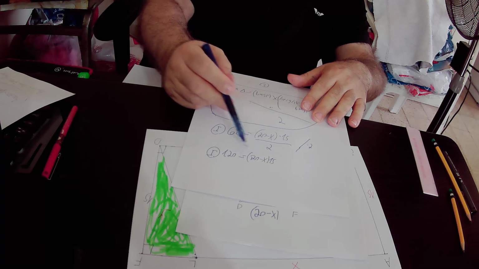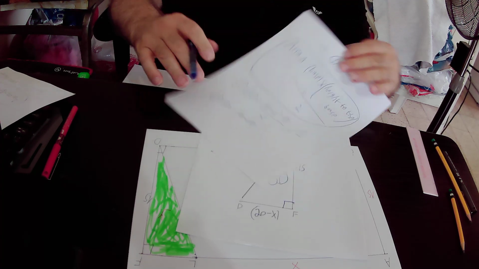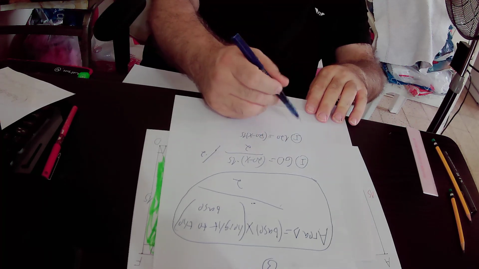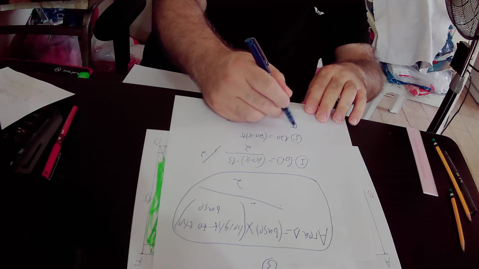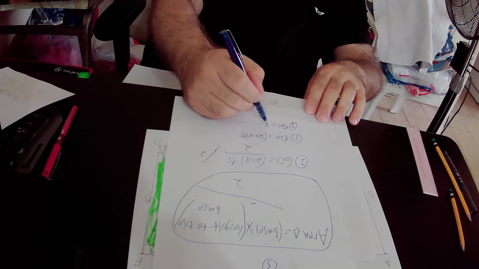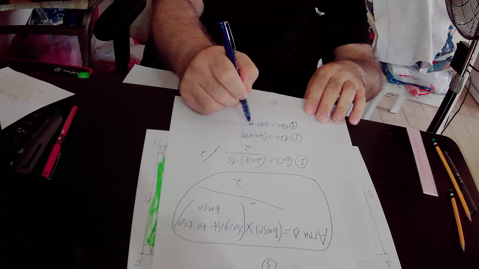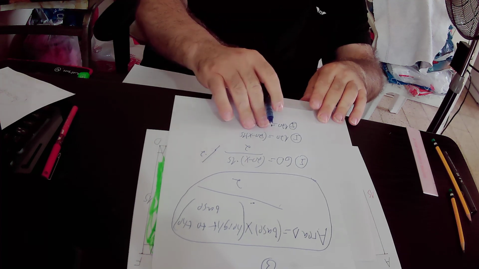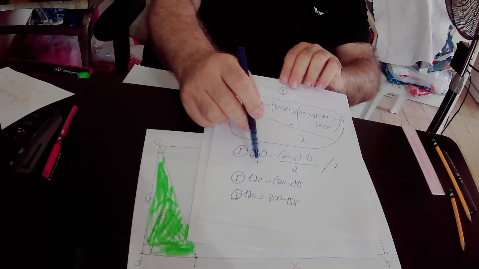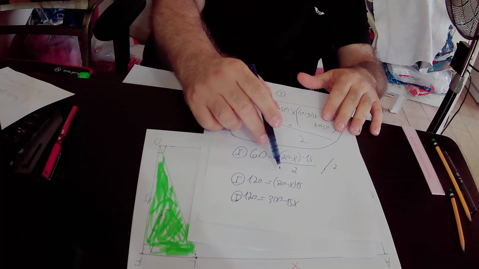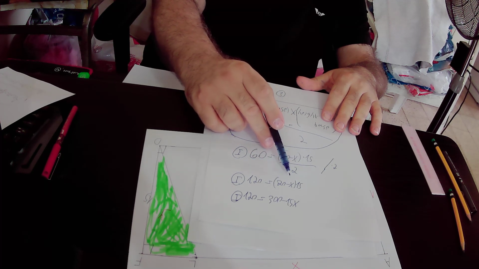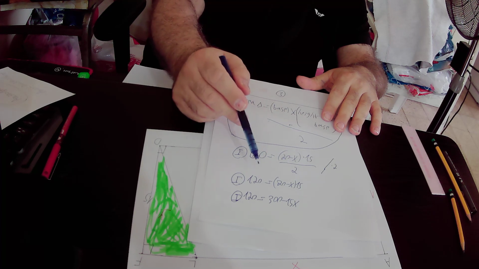Now we will open the brackets in this equation. 20 times 15 is 300, and x times 15 is 15x.